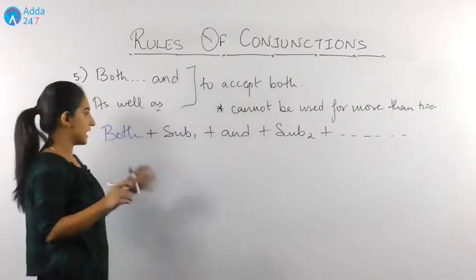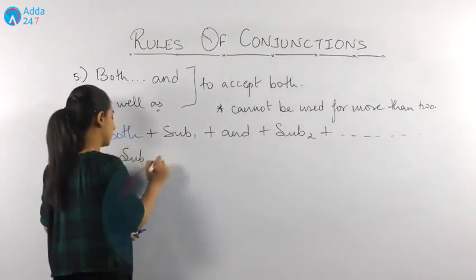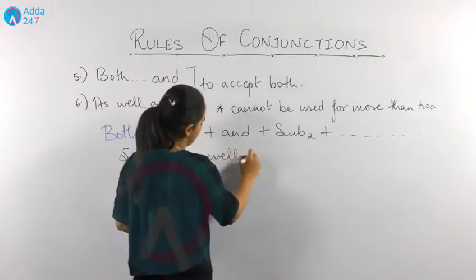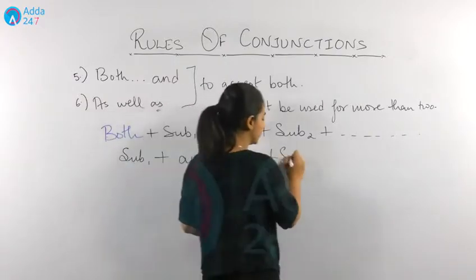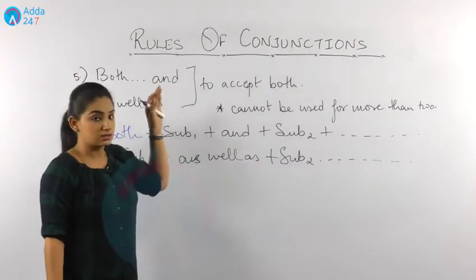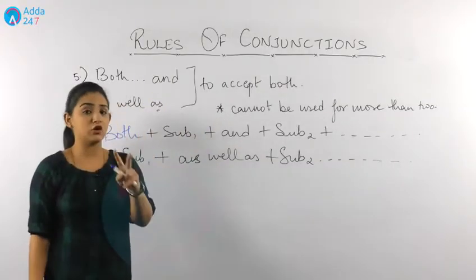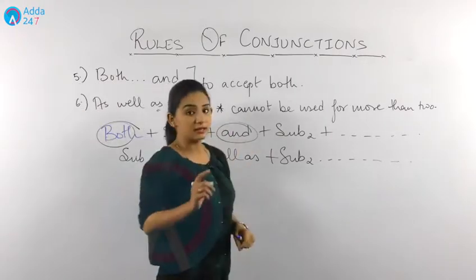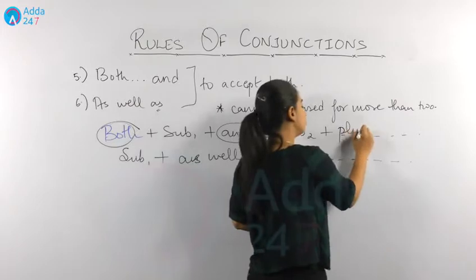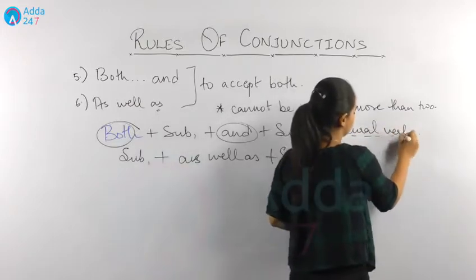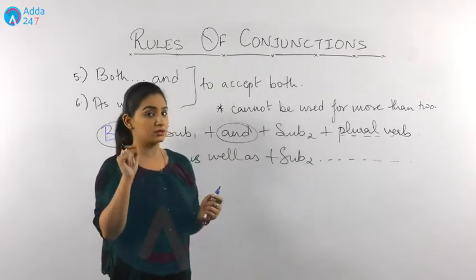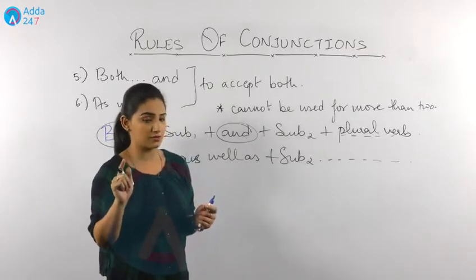But if I want to use as well as, we will write the subject 1, then as well as, and after that we will use subject 2, and then can be the following sentence. But you need to take care of two things. When we use both and, then we use a plural verb with it. You've already studied this, if you remember, in subject verb agreement, isn't it?